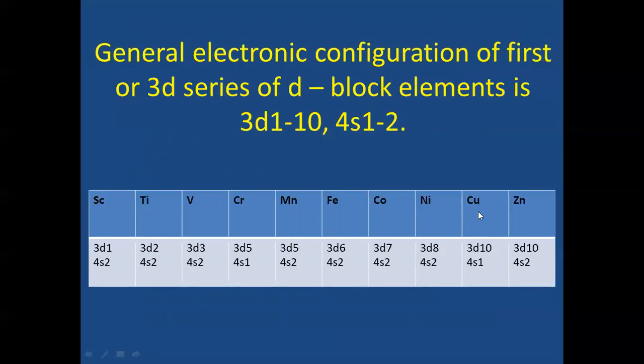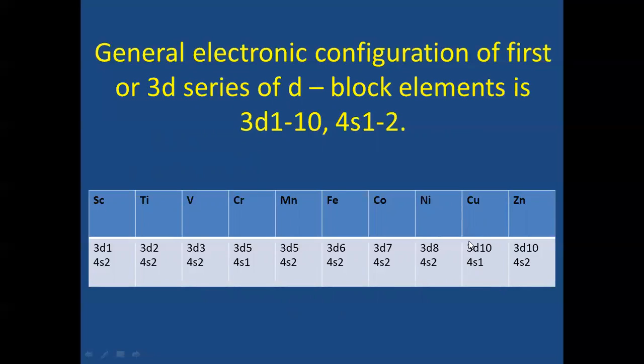Copper has 29 electrons. If we write argon, 18 electrons are covered, then the remaining 11 electrons, I can write as 4s2 3d9, but it is wrong. The correct method is writing 4s1 3d10. If I write it like this, d is completely filled and s is half filled.